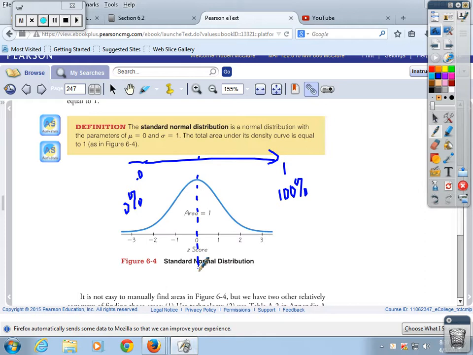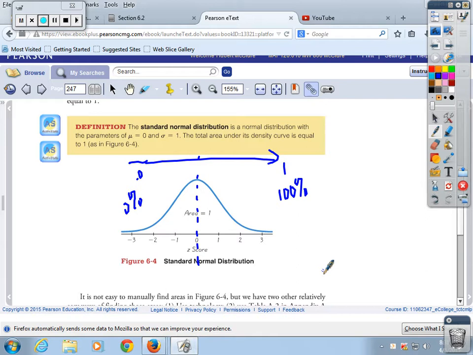Now the reason that's important is because some of y'all will get the z-table mixed up and you'll read a negative z-score when you're supposed to be reading a positive z-score, and you're going to get the opposite area, and you need to use that common sense tool to say, well, wait a minute, that's not right. This over here cannot be 23%. This has to be somewhere around 90%. And see, that common sense kicks in.